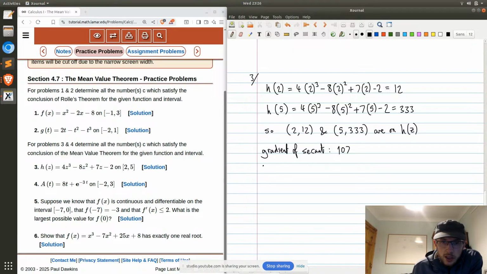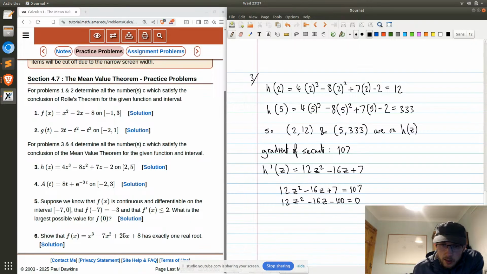So we compute h prime of z, and we get 12z squared minus 16z plus 7. And we set that equal to that number right there. Divide through by 4.